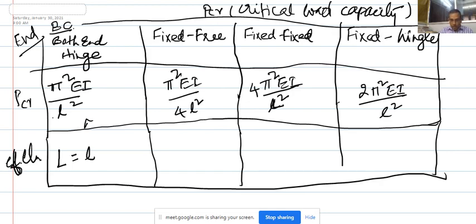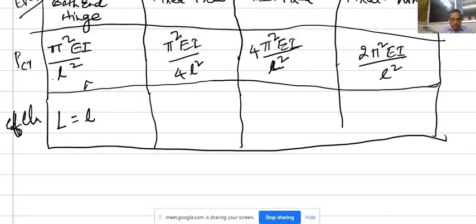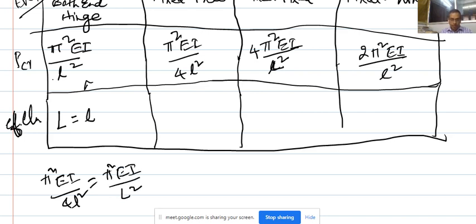Now compare the second case, one end fixed and the other free: pi square E I by 4 l square is compared to pi square E I by capital L square.